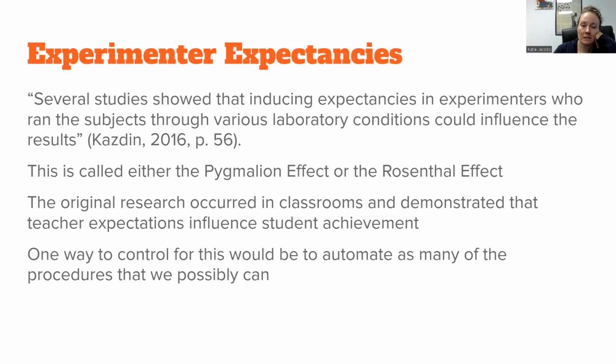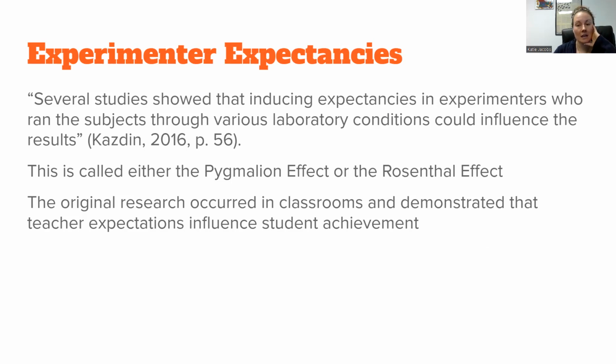In this, what they did was they had teachers and they had students, and the researchers had students take these tests, and they told the teachers that, hey, these certain students scored really high on this aptitude test. This means they're bound for really great things. They're going to do really well. They have a lot of growth potential.